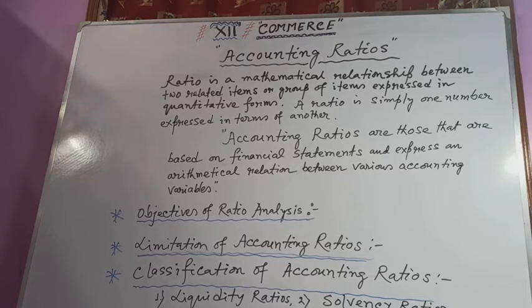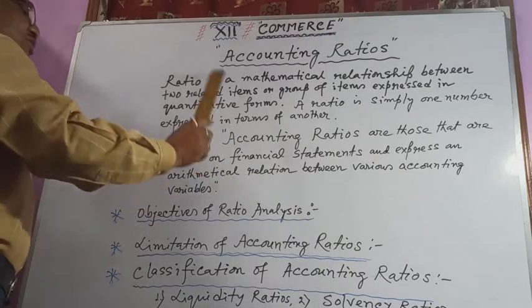Accounting ratio is the mathematical relationship, a study among the various financial factors in a business as disclosed by one single set of statements and a study of the trend of these factors as shown in a series of statements, that is known as accounting ratio.